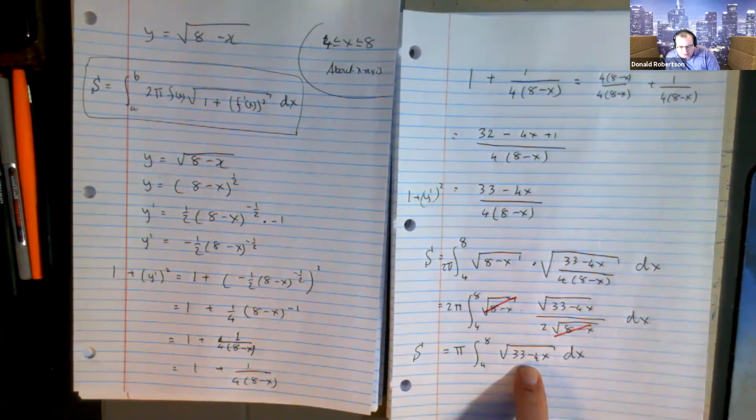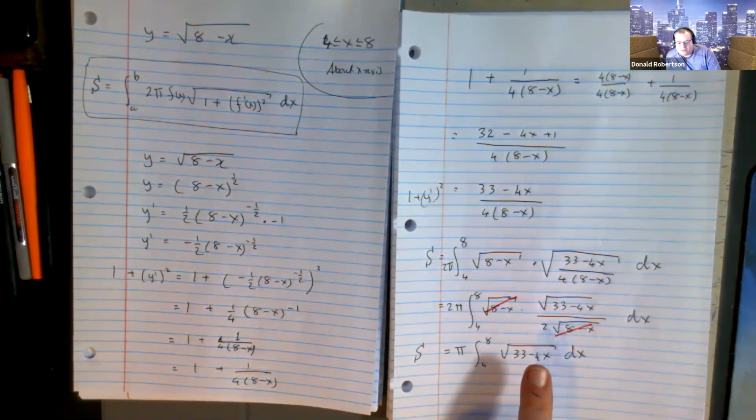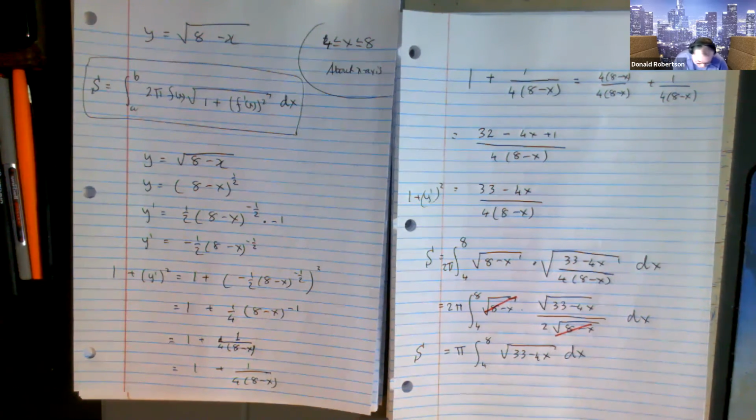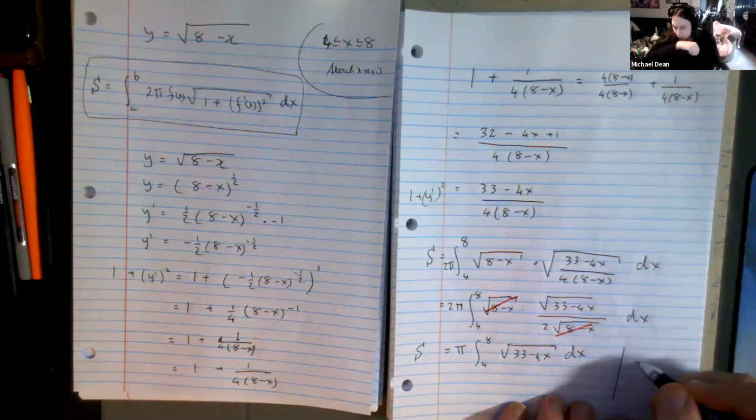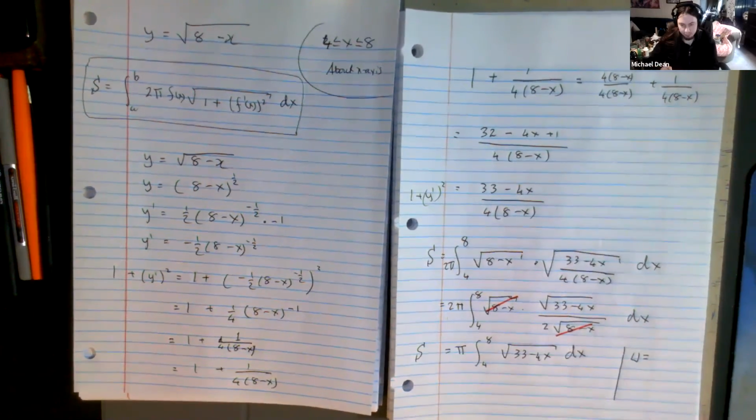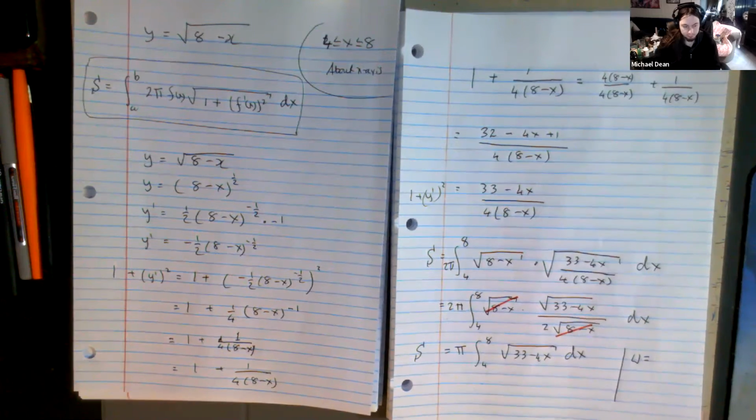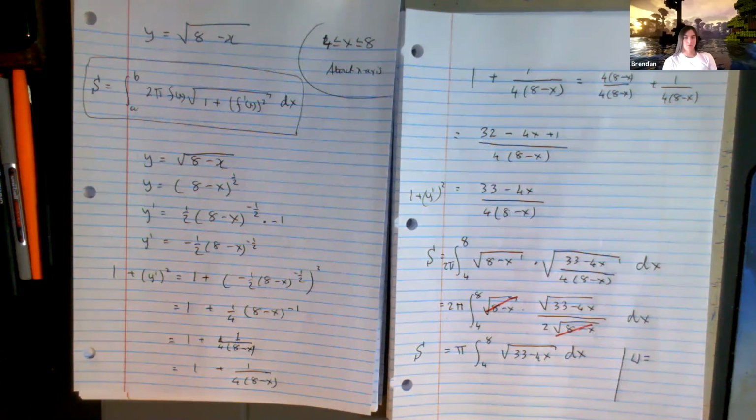How would I integrate this guy? U sub. I would do a U sub. And who would the U sub be? 33 minus 4x.